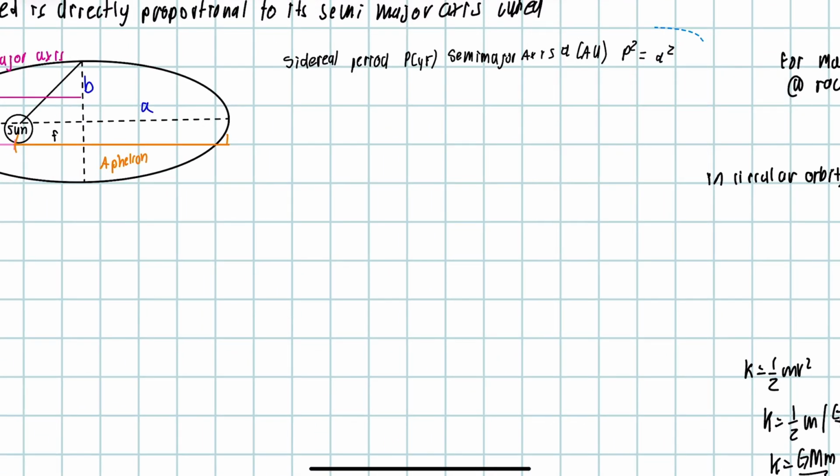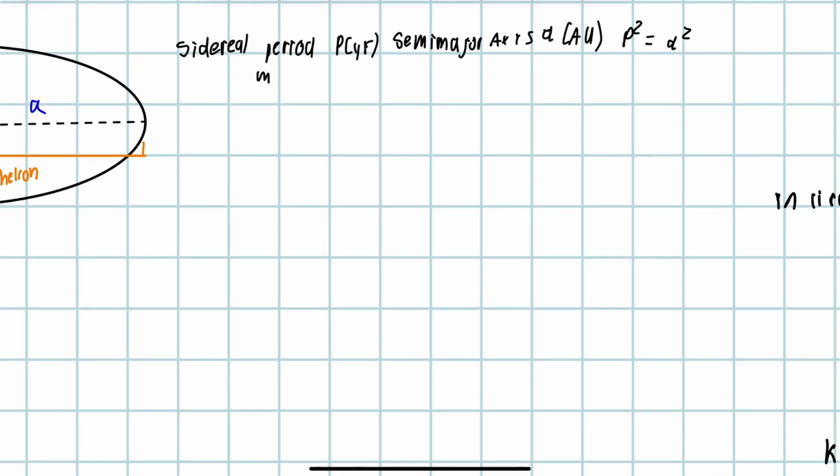So, writing some values out for this, we have, for example, Mercury, Venus, Earth, Mars, and Jupiter. So we're going to have P as 0.24, 0.61, 1.00, 1.88, and 11.86.